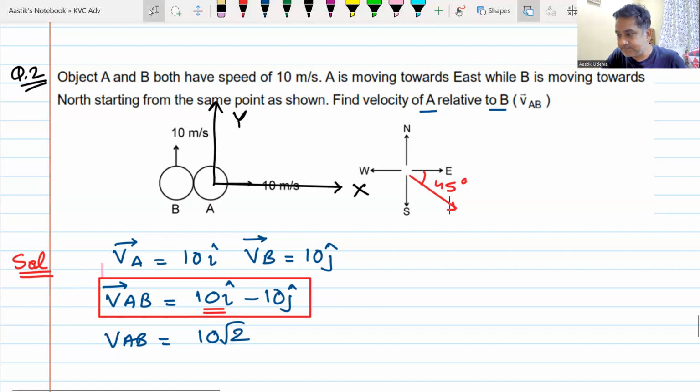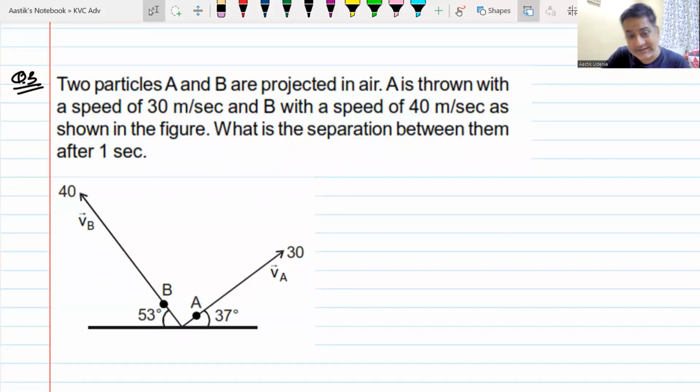Yes, sir. And this is the next one. I think this is again from your module. Two particles A and B are projected, thrown in air. A is thrown with a speed of 30 meters per second at an angle of 37 degrees, as you can see, while B is thrown with 40 meters per second at an angle of 53 degrees from the horizontal, as shown in the figure.